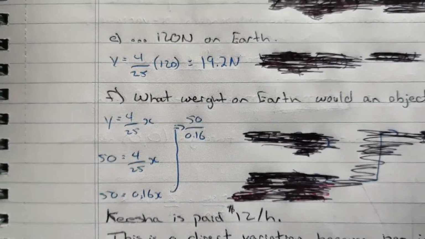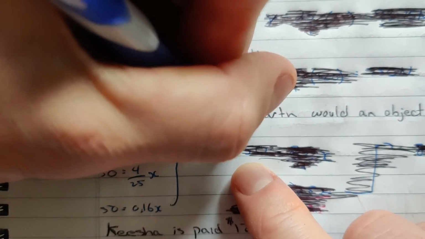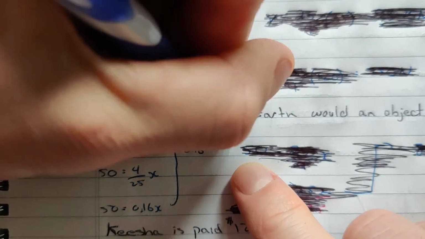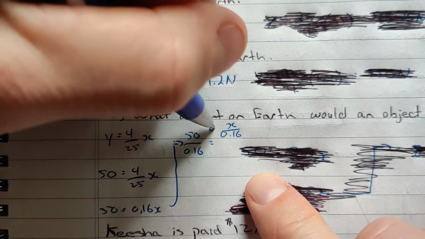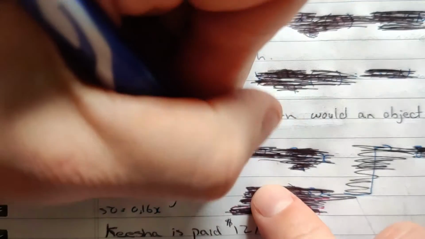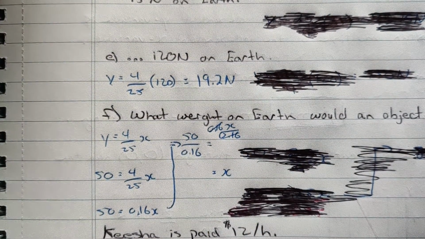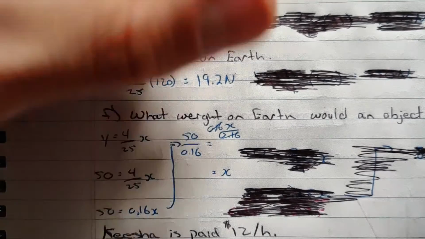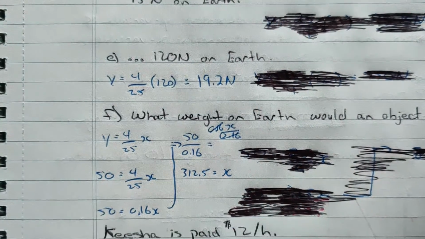Just going to zoom in a bit on that one because it's getting a little small. And divide both sides, and then 0.16x over 0.16. I just miswrote that. So those would cancel. I'm left with x on this side. And then 50 divided by 0.16 is going to be 312.5.